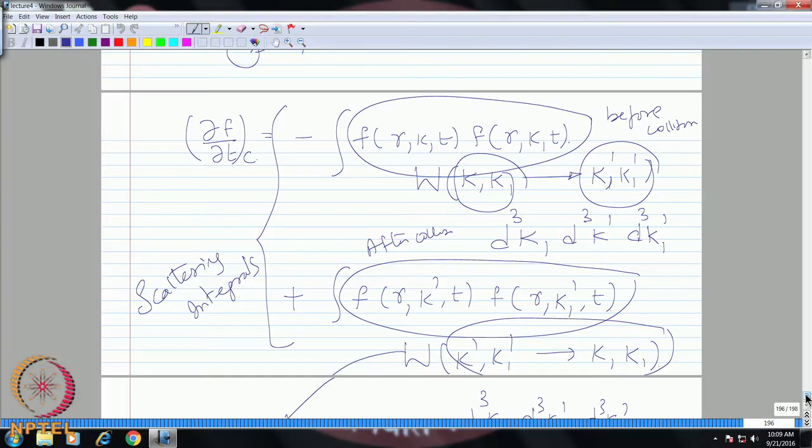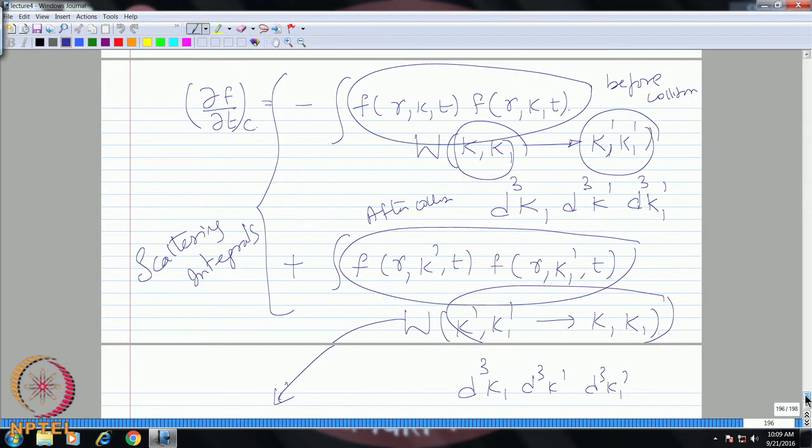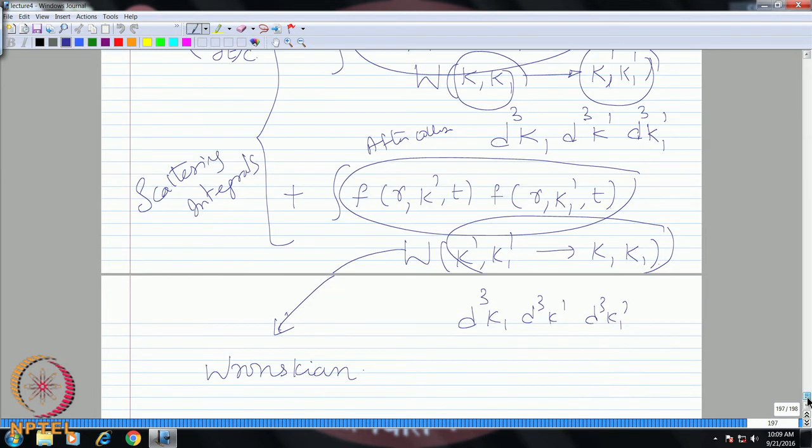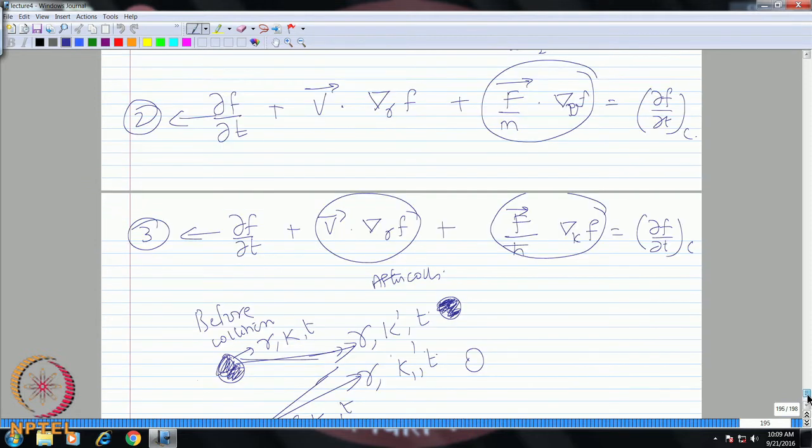This has to be integrated over all other wave vector space except the current wave vector, which is k. So, this gives you the scattering integral and thus the collision rate of change of distribution due to collision. This is a very complex integral to evaluate, and people in physics have tried for some simple systems, but not very usefully.